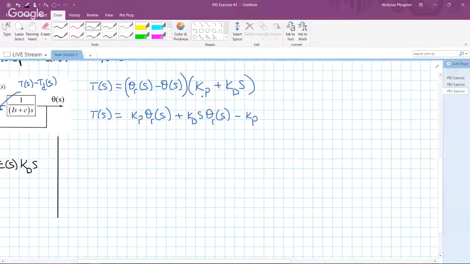Kp theta of s, and then we'll have minus K sub d times s times theta of s. So we can group our like thetas together and simplify this a little bit.